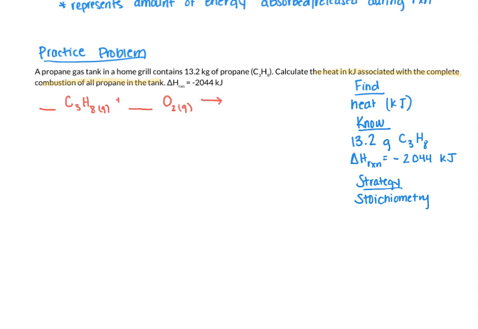And the products of a combustion reaction are always going to be CO2 and H2O. And I'm putting H2O in the gas form here because it's a combustion reaction, it's on fire, it's going to be really hot, so the water is going to turn into water vapor.